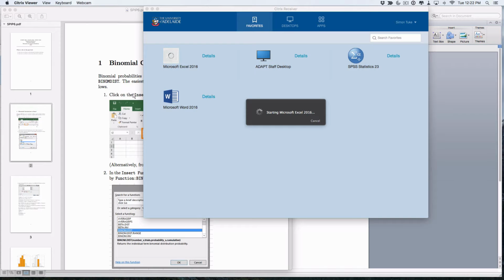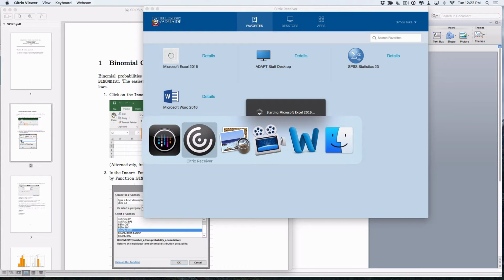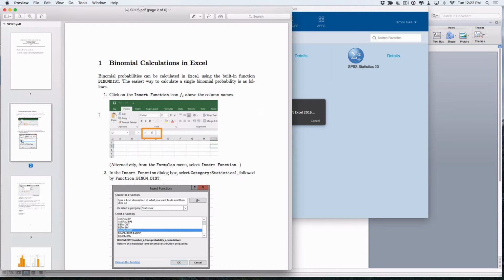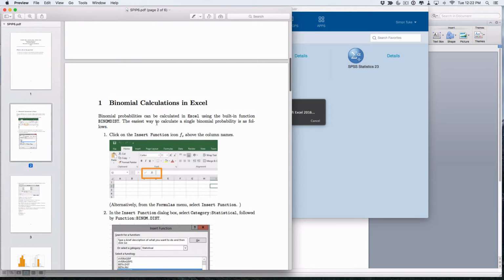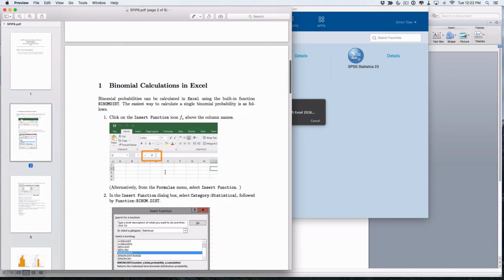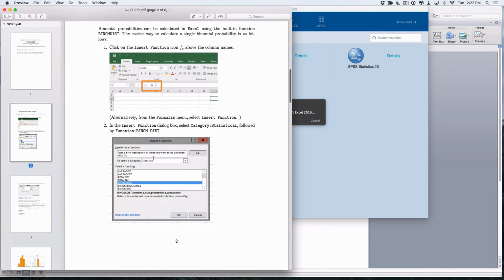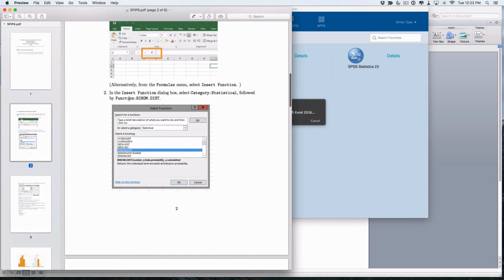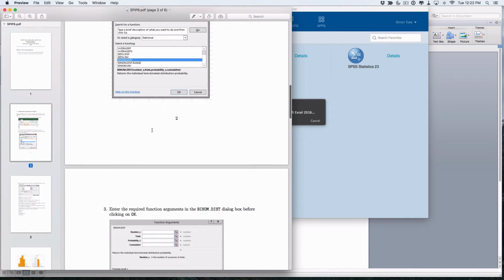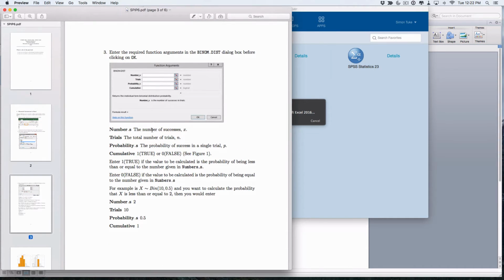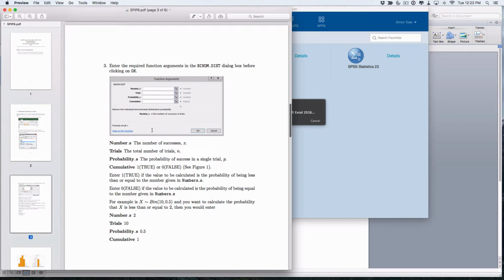Once you're in Excel, we're going to use the functions, and the function we need for binomial is a single command, binom_dist.